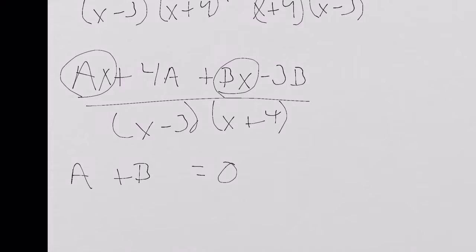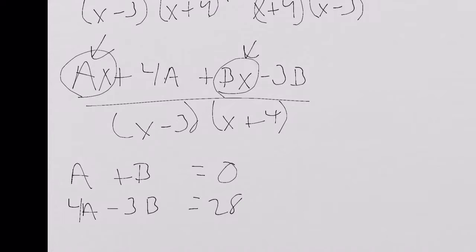Right? Because when I add these up, the ax and bx, I want to get 0x. So a plus b would equal 0. For the 4a minus 3b, that represents my constant, and my constant is 28. So what we have here now is a system of equations that we can solve.